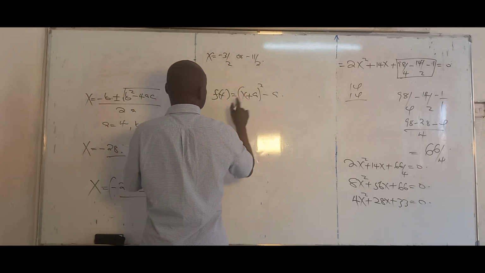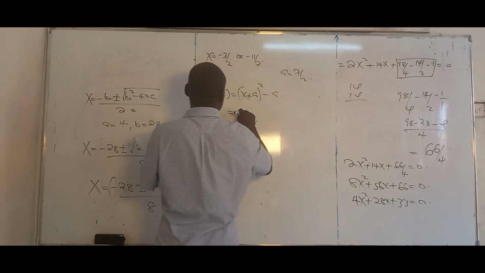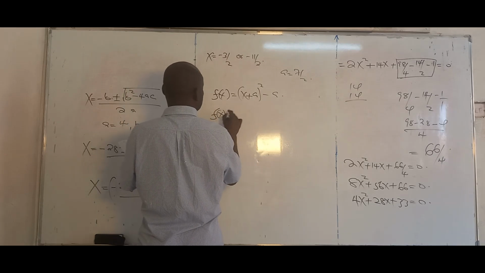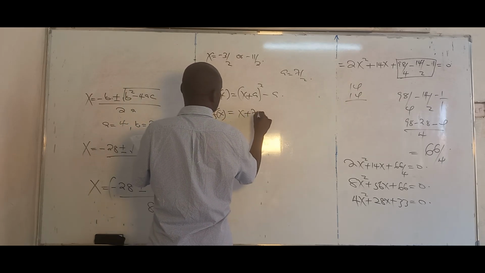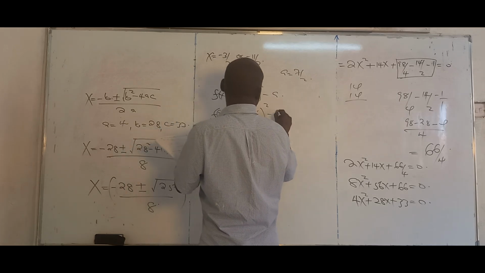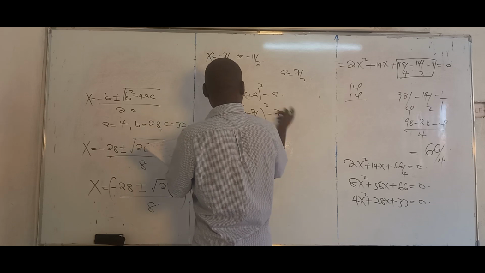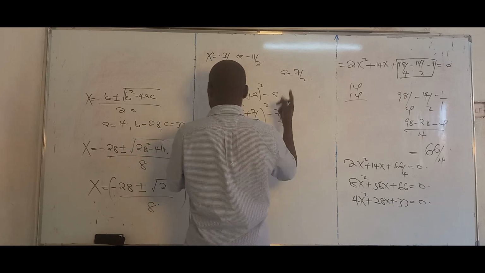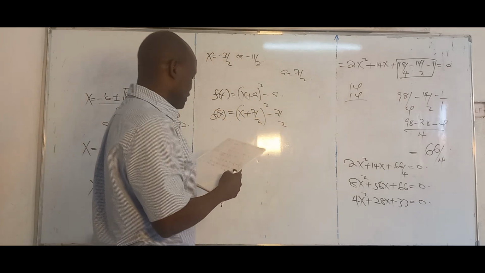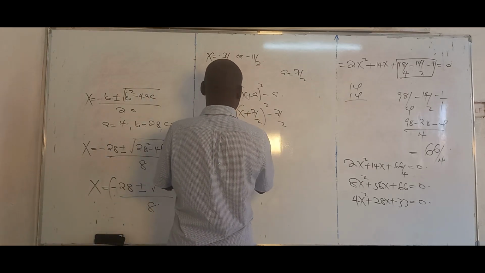By substituting this straight away, because a is already given as 7 over 2, we could say that f of x is equal to x plus 7 over 2 squared minus 7 over 2. So you shall have substituted already, and that will make it a little quicker.